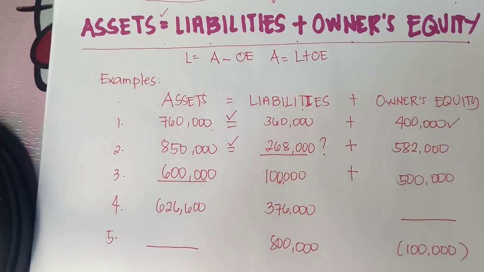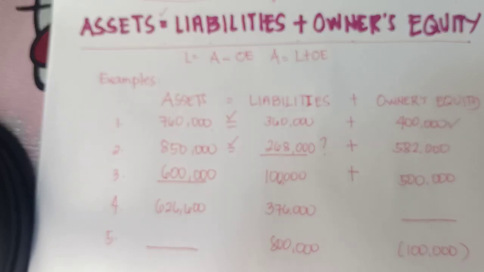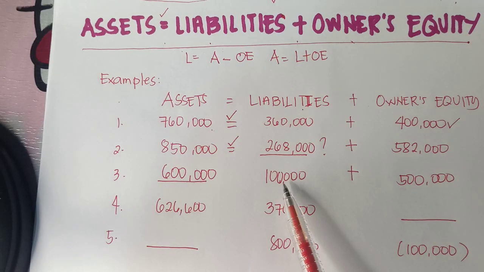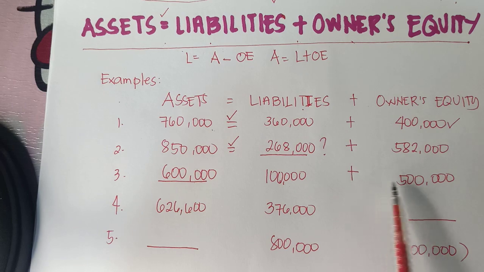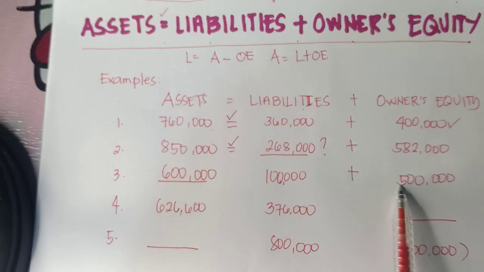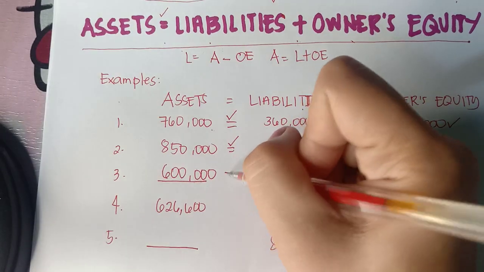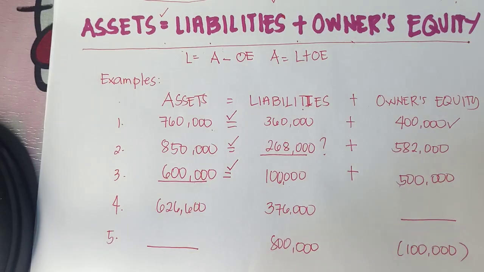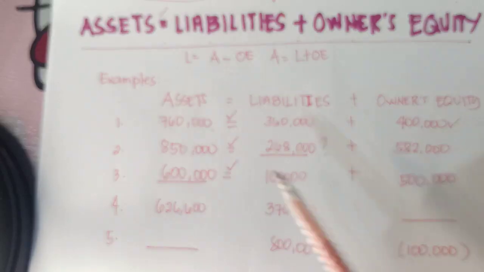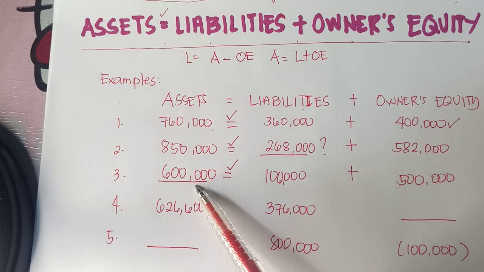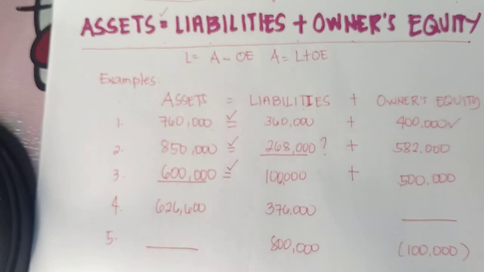Okay, how are we going to check? 100,000 plus 500,000 is equal to 600,000. That is why example number 3 is balanced and the value of our assets is correct.